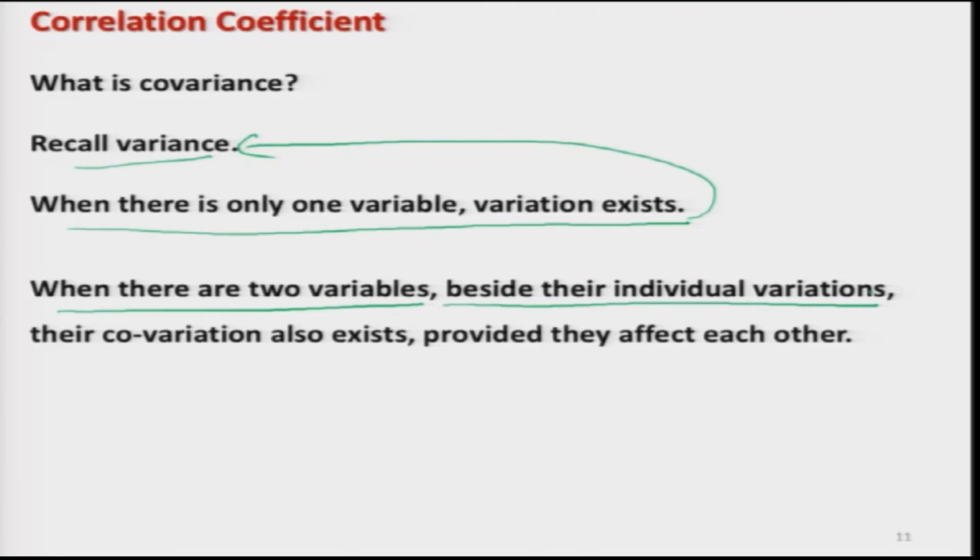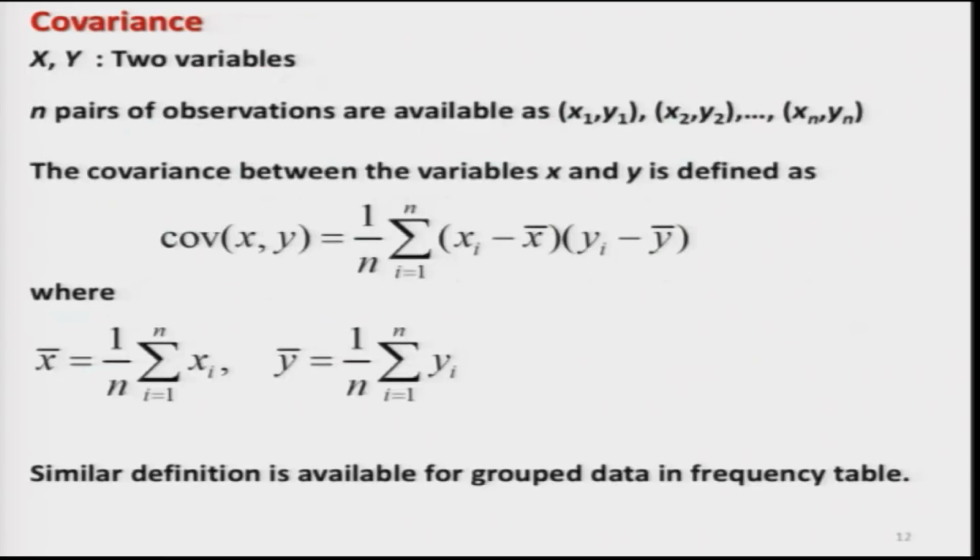That means suppose there are two variables, they will have their own variance, and besides their own variance they will also have covariation. Obviously if they are independent, then there is no concept of covariation. So, the question is how to quantify and measure it.